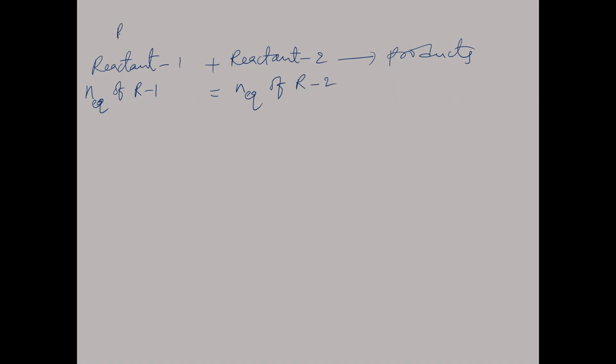I'm taking this one as reactant 1 and this one as reactant 2. So the number of gram equivalents of reactant 1 must be equal to the number of gram equivalents of reactant 2. Keep this point in mind.